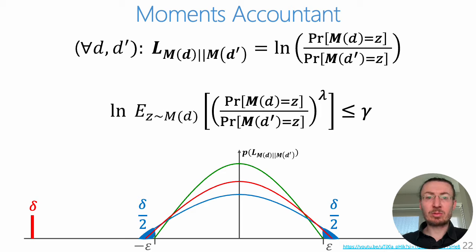So we want to make sure that the random variable raised to some power lambda is less than some value gamma. So this gives an intuition of how large the random variable can possibly be. It also gives the distinction between the orange and the blue curves. So how to intuitively think about that is that here we don't specify a given value through this ratio, but we want to do that through the expectation of these ratios.